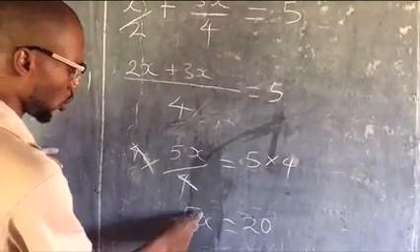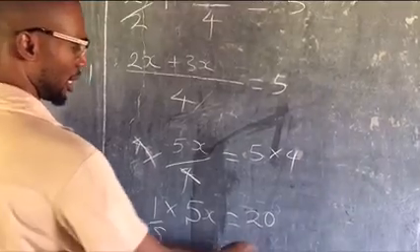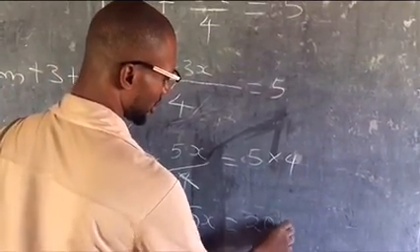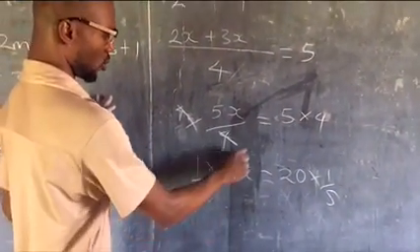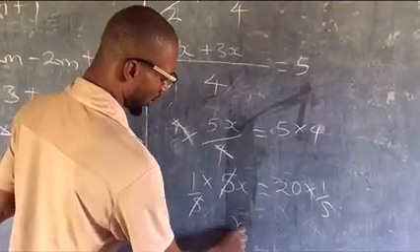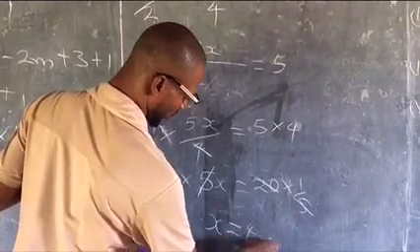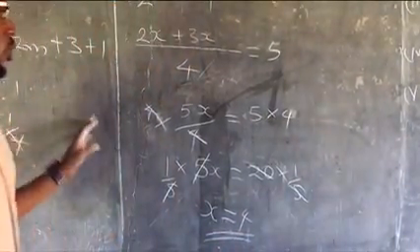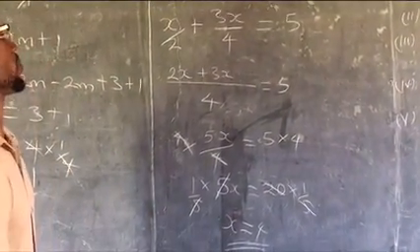The next thing we will do is turn this one to 1, so we multiply by 1/5, and multiply this side by 1/5 like this. So this one will cancel this one, and I will get x is equal to 20 over 5, which is 4. So our x is now 4.